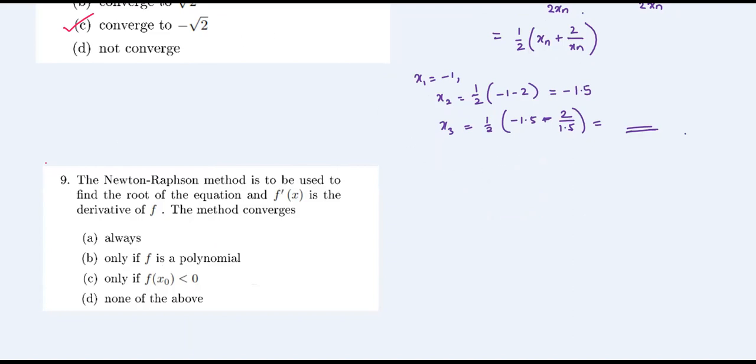So in NR method, the method converges if the initial approximation is close enough to the root.